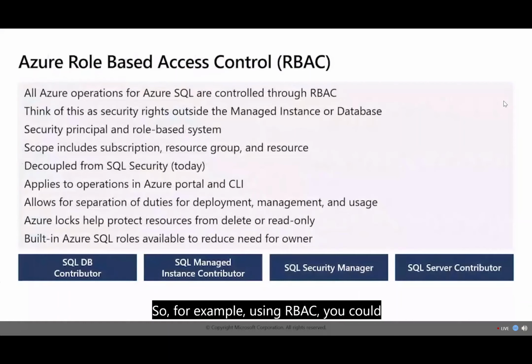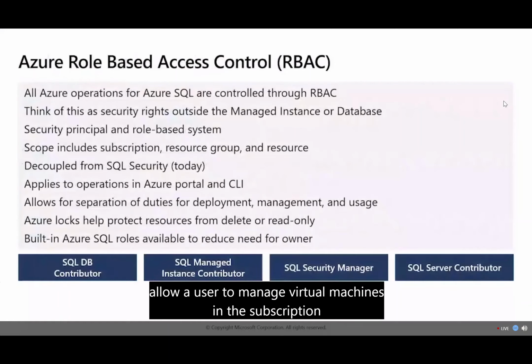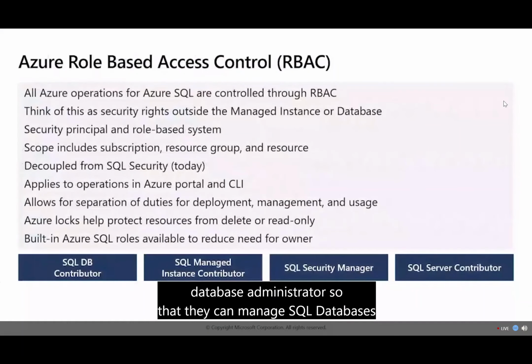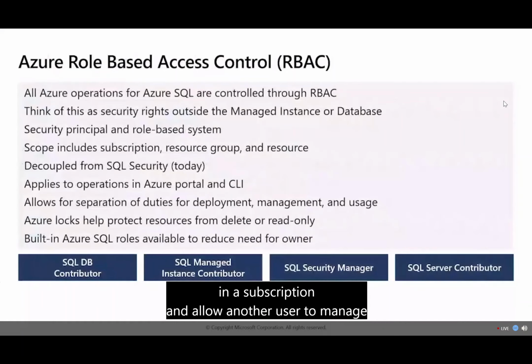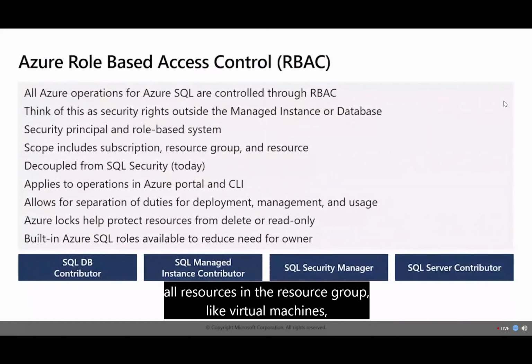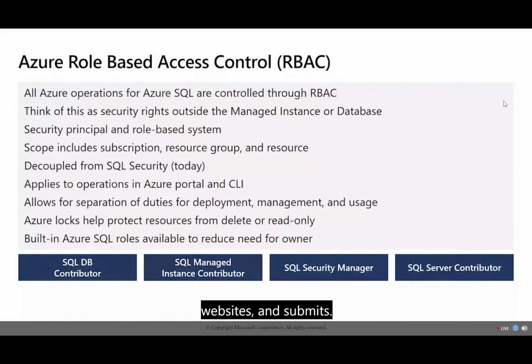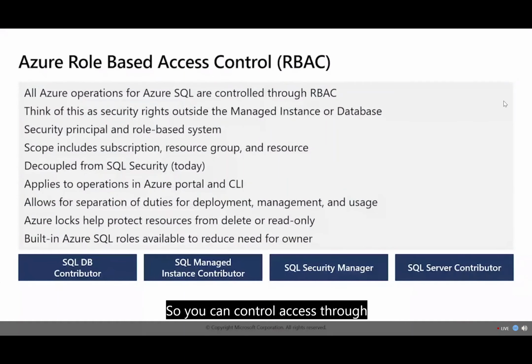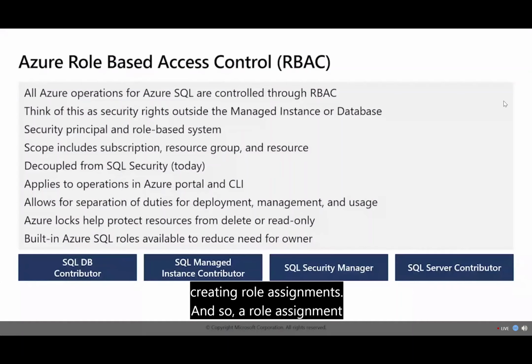So for example, using RBAC, you could allow a user to manage virtual machines in their subscription and allow another user to manage virtual networks, or you could allow a user to be the database administrator so that they can manage SQL databases in a subscription and allow another user to manage all resources in the resource group, like virtual machines, websites, and subnets. And you could also use it to allow an application to access all the resources in the resource group.